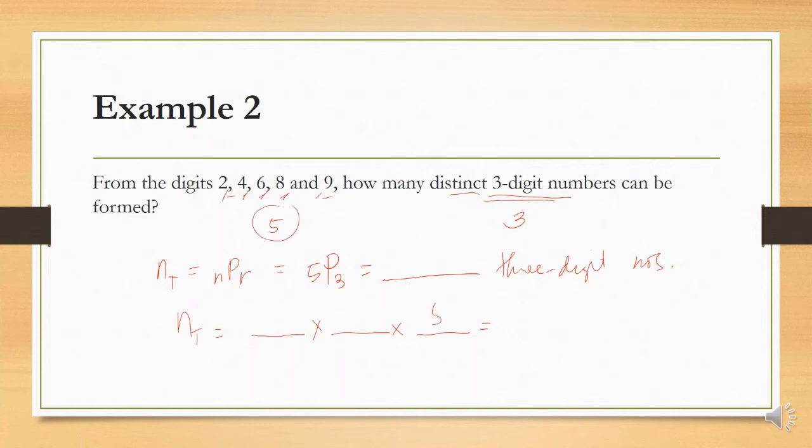Sa una, 5 sila, no? Palaging no repetition ang ating assumption. Okay, so 5, 4, and then 3. So, 12 times 5, meron tayong 60 numbers. No? So, check natin kung 60 nga ito.